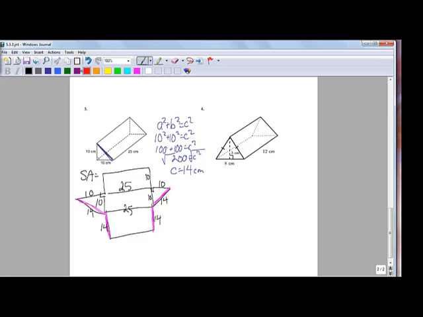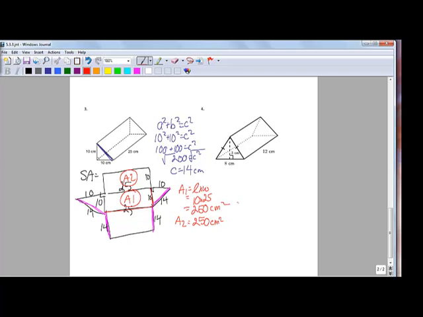Let's do it. Here is my A1. It's a rectangle. Length times width, 10 times 25, is 250. I got another 10 times 25, so this A2 is also 250 centimeters squared.